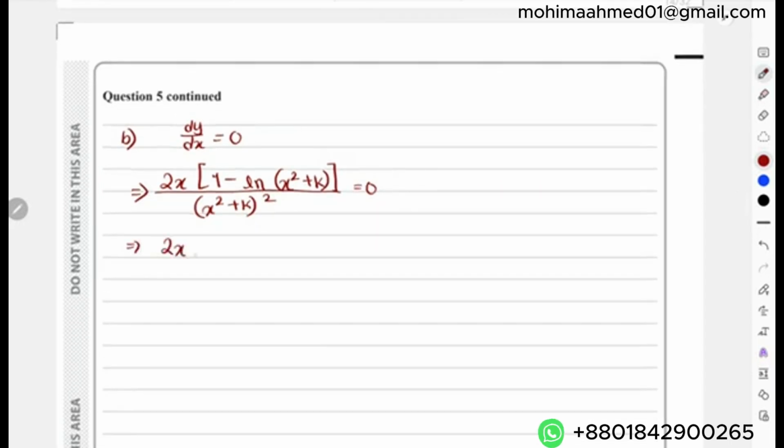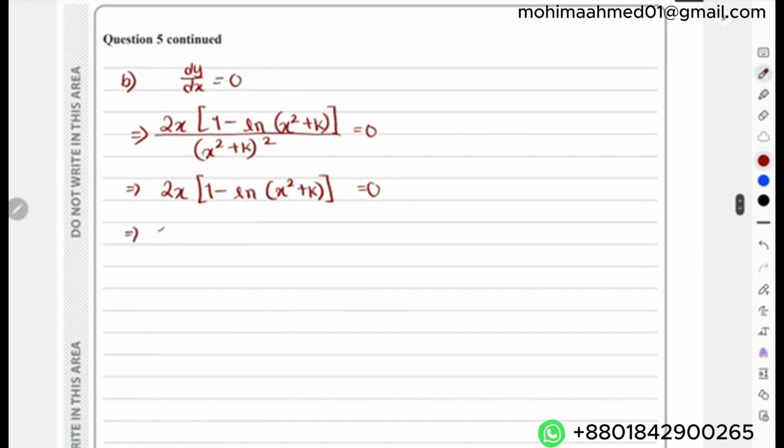So you have 2x(1 minus ln(x² + k)) equals 0. And again, if you take that 2x to the right-hand side, it gets divided with 0 and ends up being 0. So you finally have 1 minus ln(x² + k) equals 0.